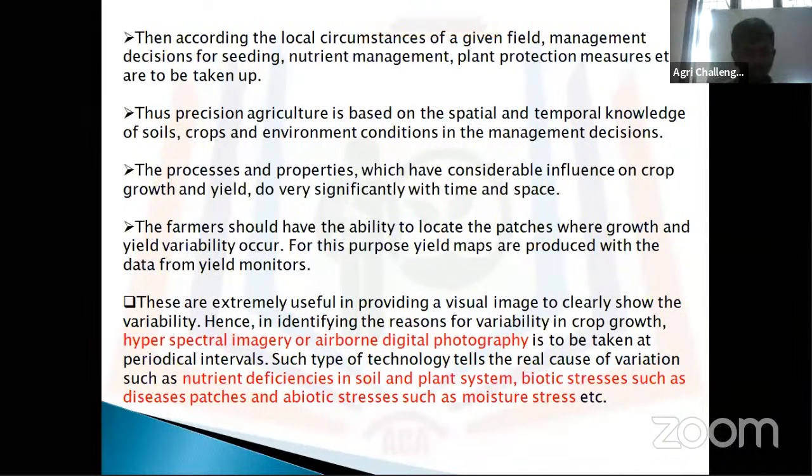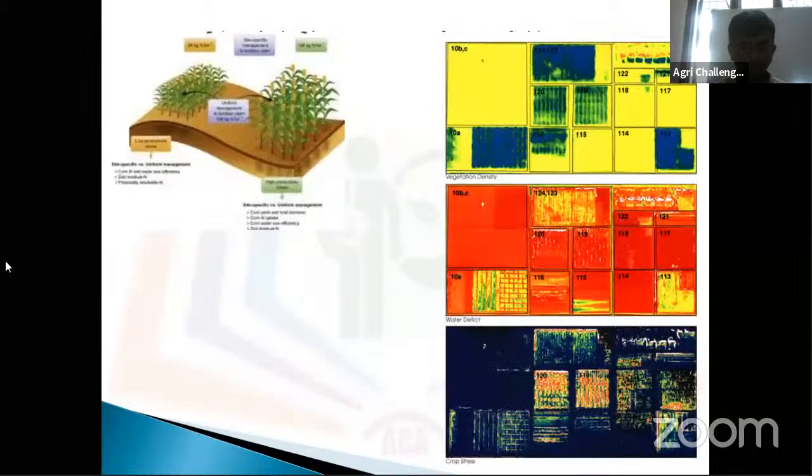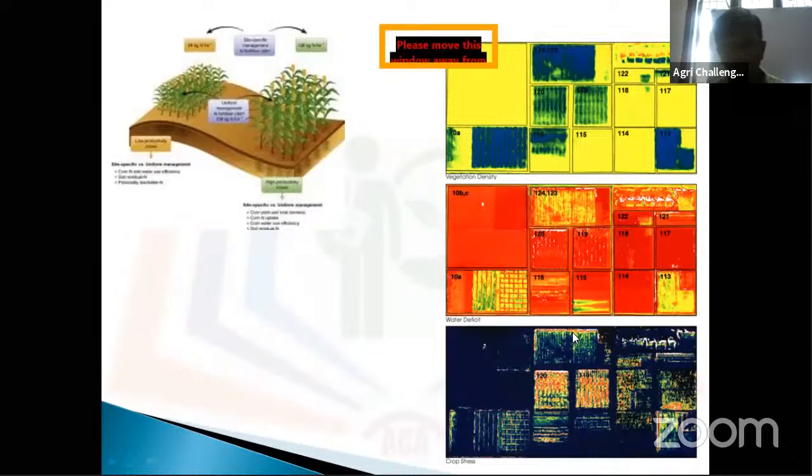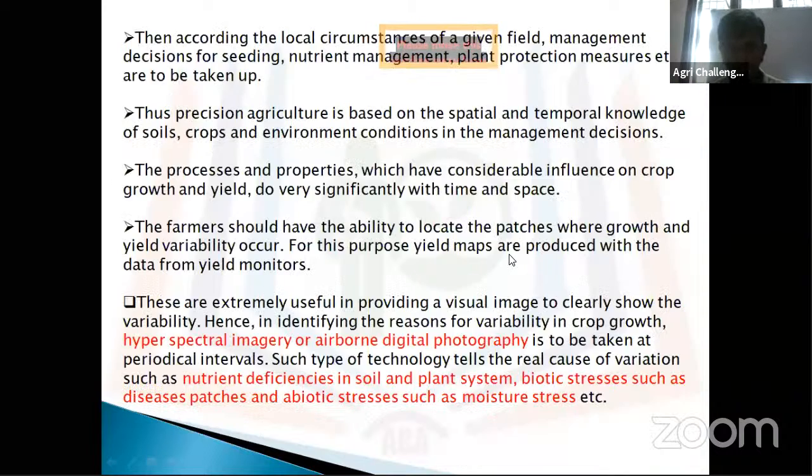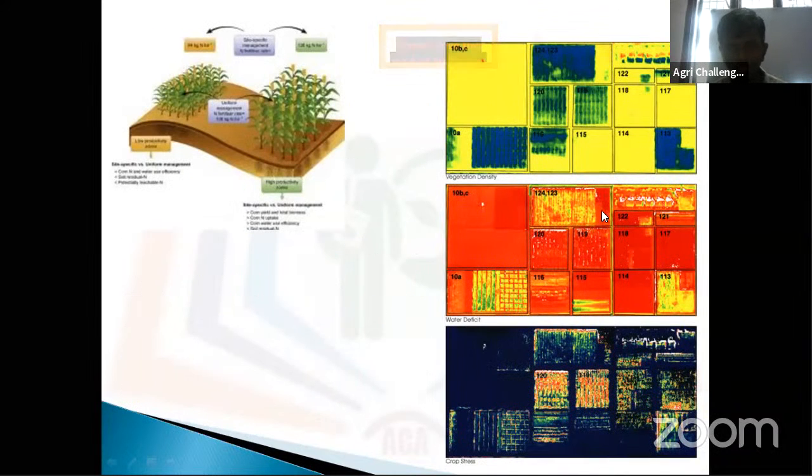Yield maps are extremely useful in providing a visual image to clearly show the variability. These colorful maps, maybe fertility maps, or your yield maps, are clearly visible and clearly differentiate the variability. Based on this, you have to follow differential management practices.